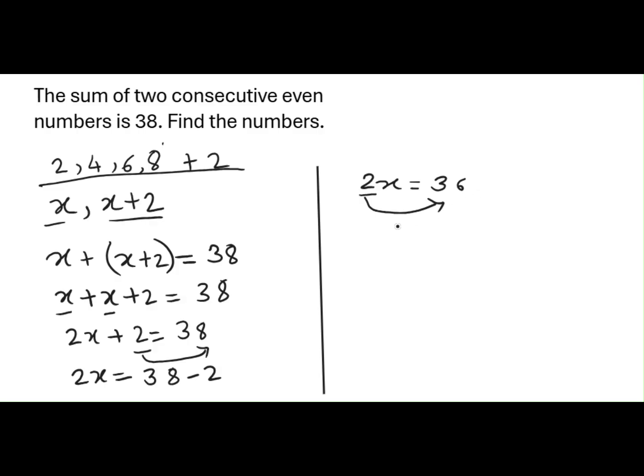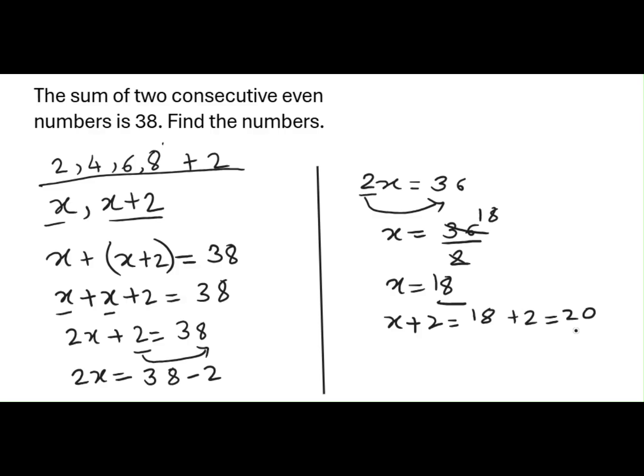If it goes to the other side, it goes into division form. x is equal to 36 by 2. Now it is easily divisible and we will get 18. So the first consecutive number is 18 and the next consecutive number is x plus 2, that means 18 plus 2, that means 20. So the two numbers are 18 and 20.